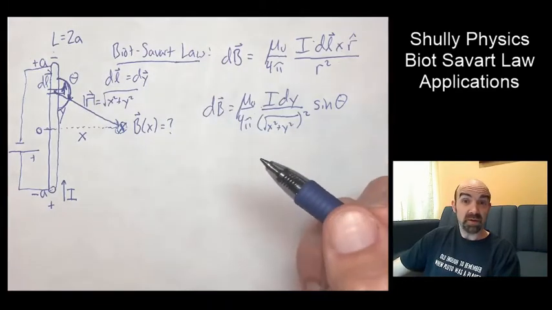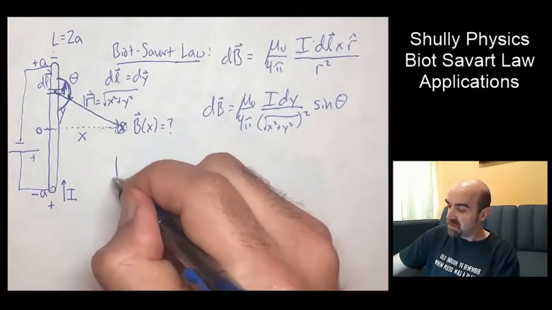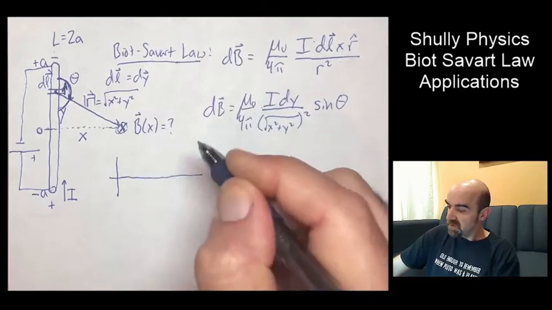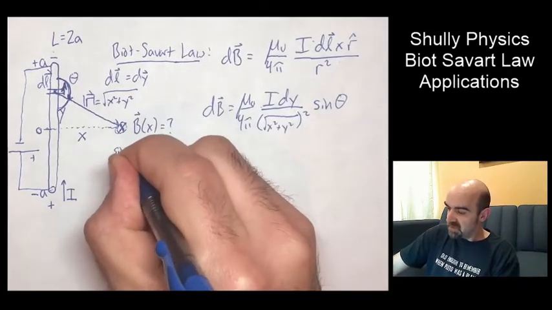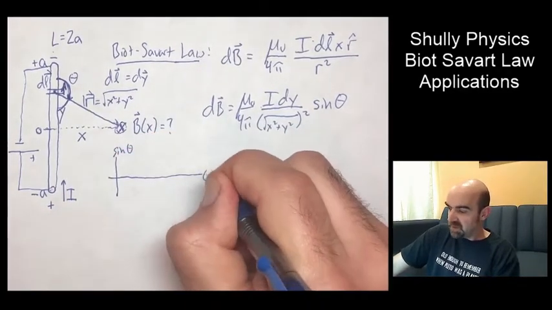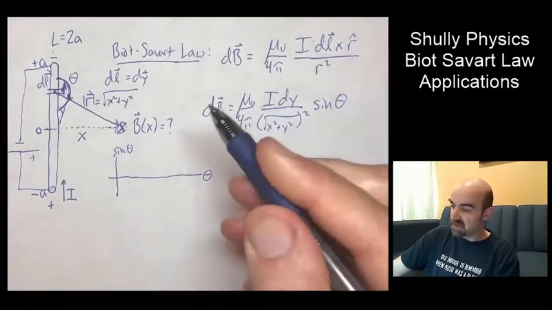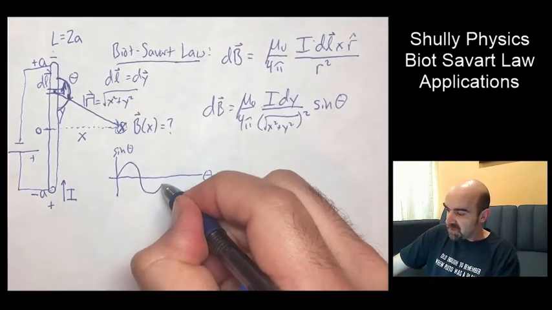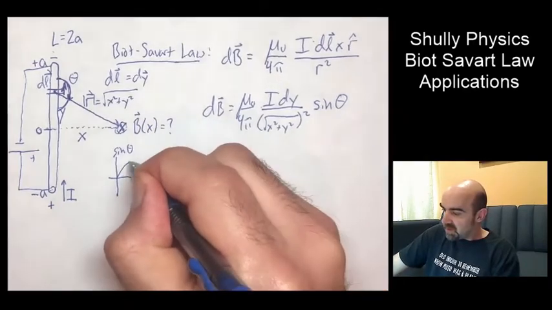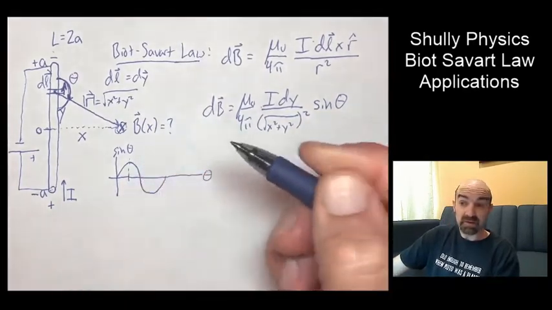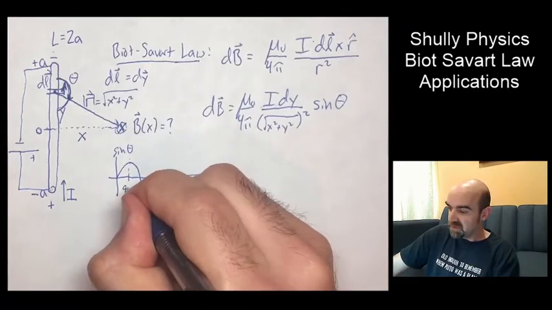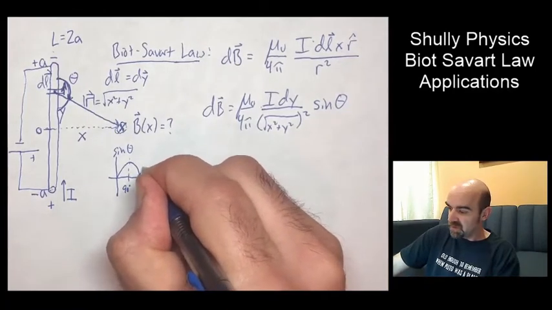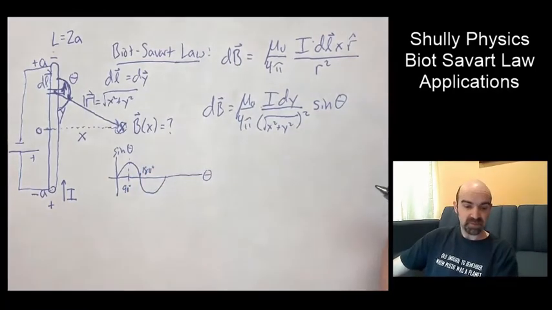So if we think about the sine function and plot that, this is sine of theta versus theta. The sine function looks like this. And this point is our 90 degrees, or pi halves. I use degrees here. This is 180 degrees.